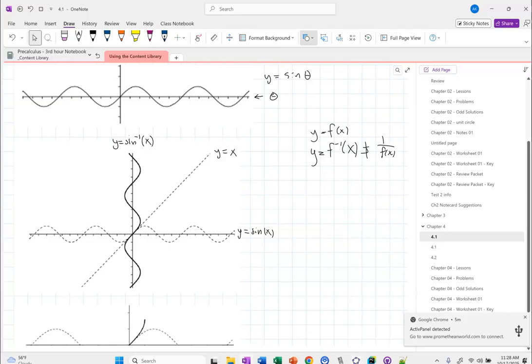The vertical line test, yeah. Does that pass a vertical line test? Heck no, it doesn't. So it's not a function, right?